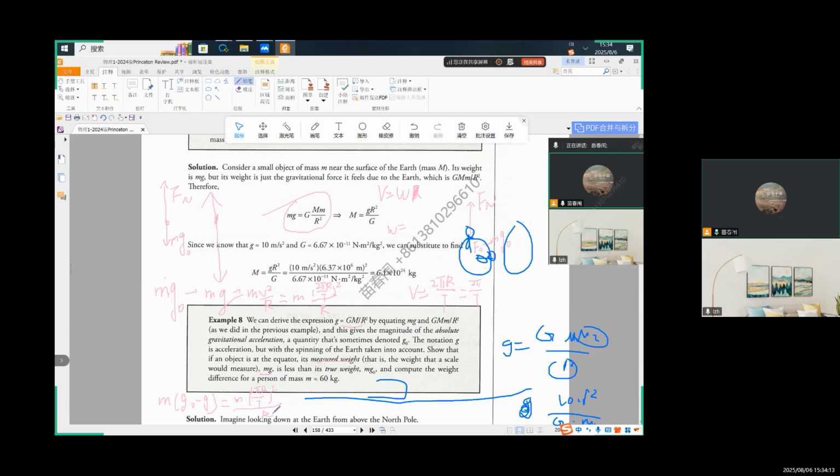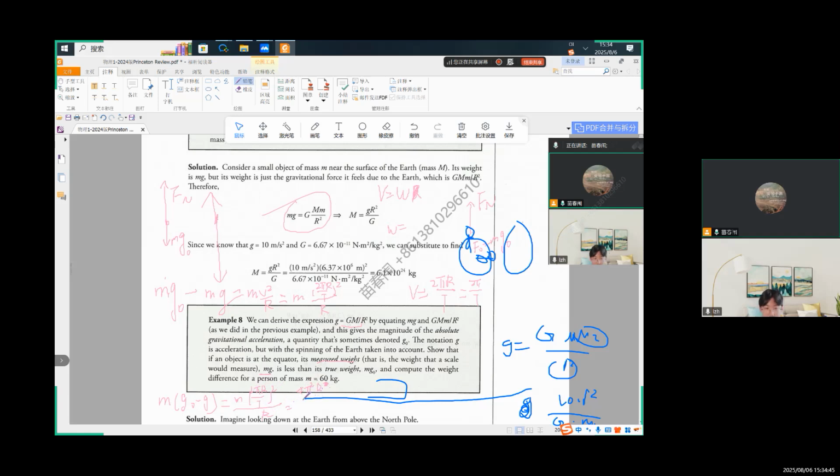So eventually that'll be what? Can you find the final result? Of course, T, the rotation of the Earth, is 24 hours, as we know. So 2 pi r squared divided by r gives 4 pi squared r, right?